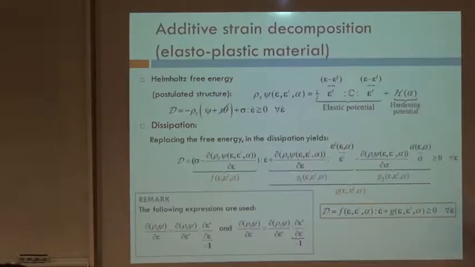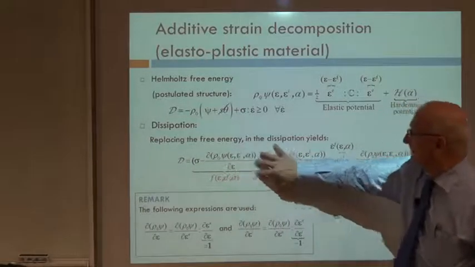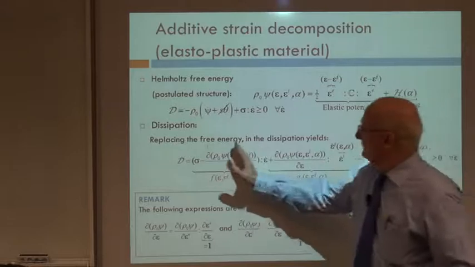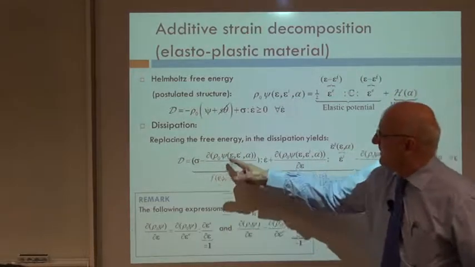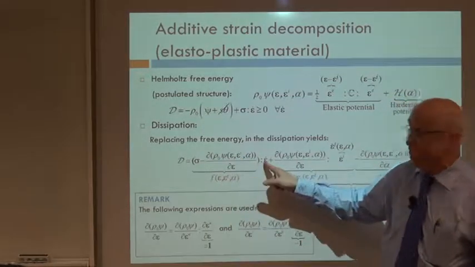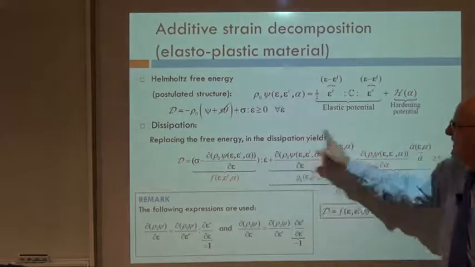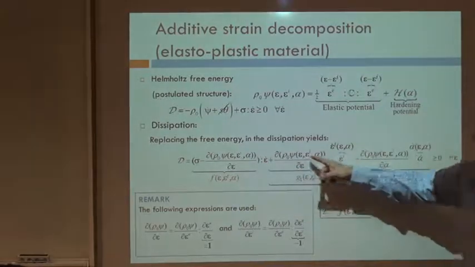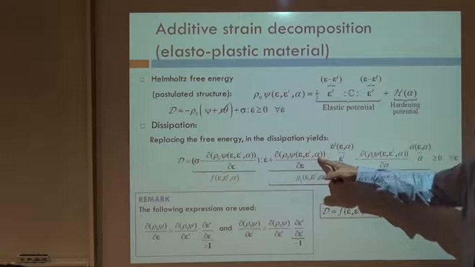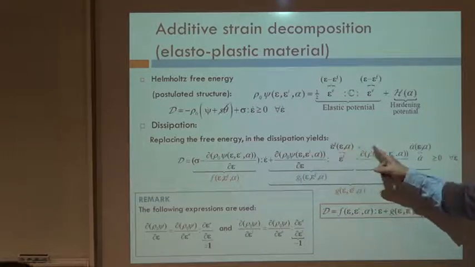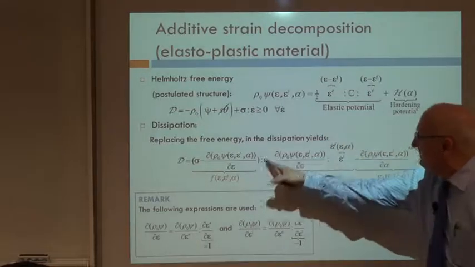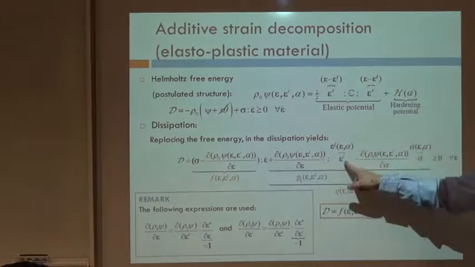Finally, looking at the functional dependence, there is a function that depends on epsilon, epsilon I, and alpha that multiplies epsilon dot. And all these are functions of epsilon, epsilon I, and alpha. So all these terms here do not depend on any rate.